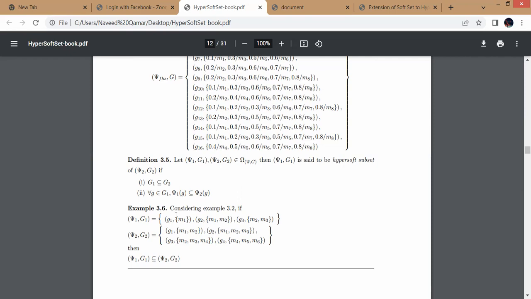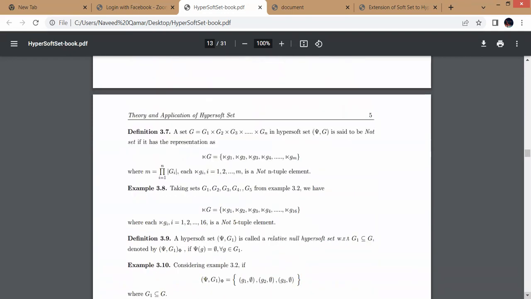The second condition is that all the elements of the first hypersoft set are subsets of the second hypersoft set. So these definitions are completely holding. So the first hypersoft set is a subset of the second hypersoft set.